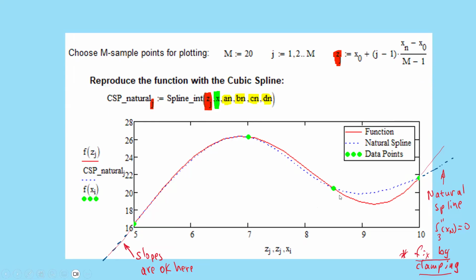And since this is a natural spline, the curvature at the endpoint is set to 0, which influences how the curve behaves near the boundary.